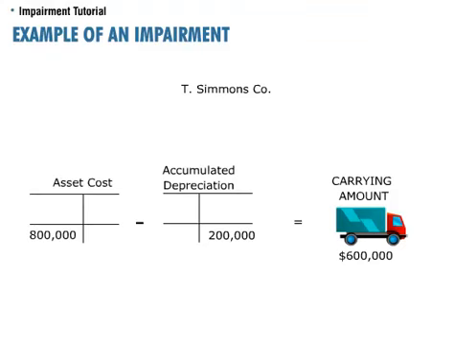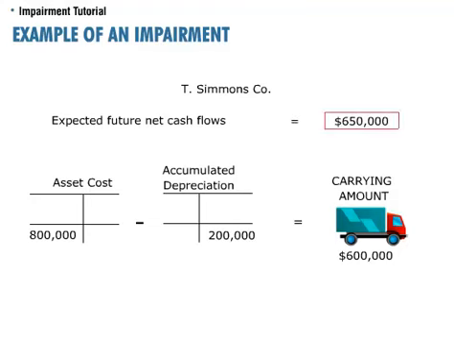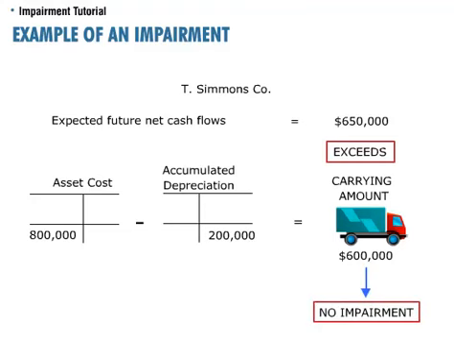The expected future net cash flows, undiscounted, from the use of the asset and its eventual disposal are determined to be $650,000. The recoverability test indicates that the $650,000 of expected future net cash flows from the asset's use exceeds its carrying amount of $600,000. As a result, no impairment is assumed to have occurred.